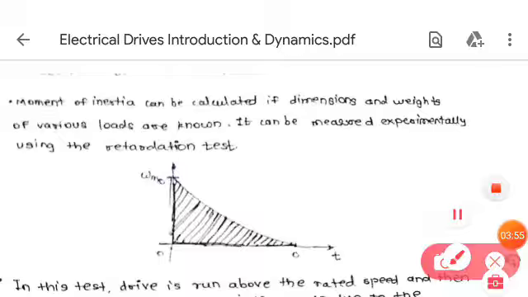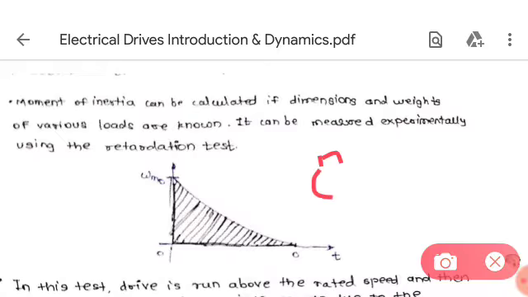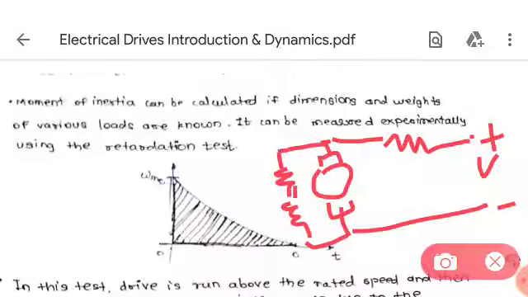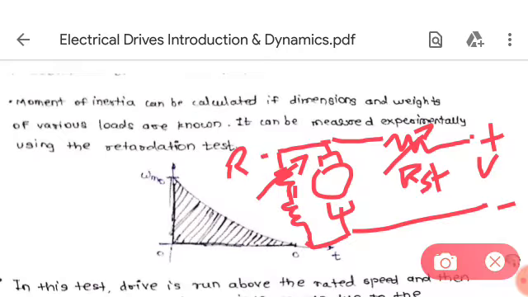Suppose there is a DC motor, then there has to be some starter resistance and then it is connected to supply, and there is also the field part. Suppose it is a shunt motor, then you can insert some resistance into the field winding, which is a variable resistor. The starter is also a variable resistor. This is a starter, RST, and this is the field resistor.